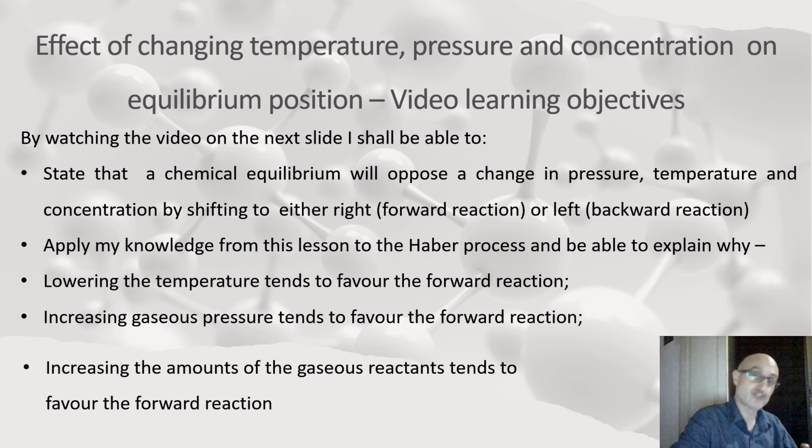Likewise, if I had to lower the pressure of a system, then the system would try to increase the pressure. Basically, this is Le Chatelier's principle, which states that a system will try to oppose any change imposed upon it by shifting the equilibrium either to the right or to the left as required.